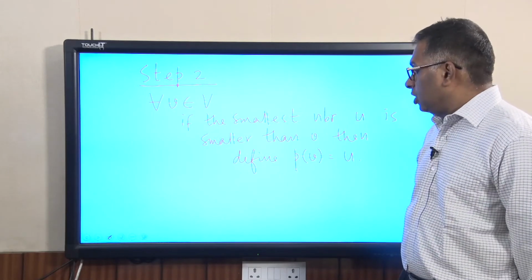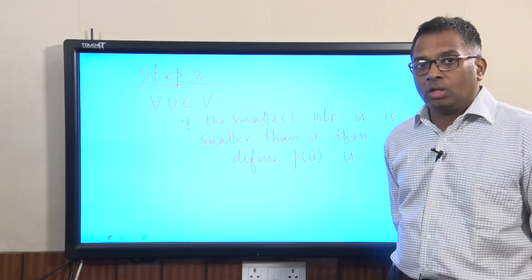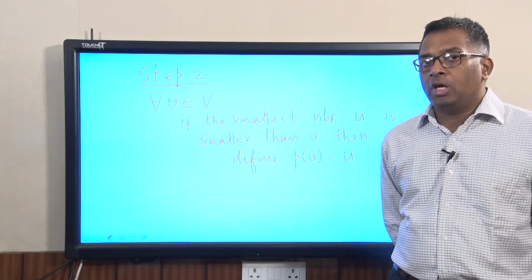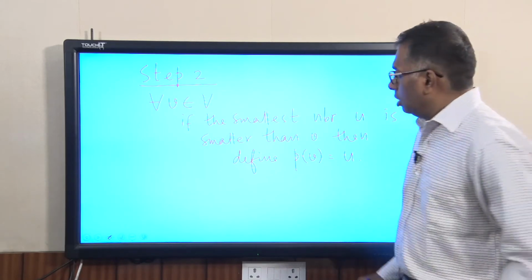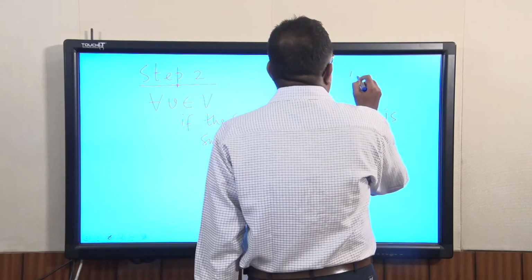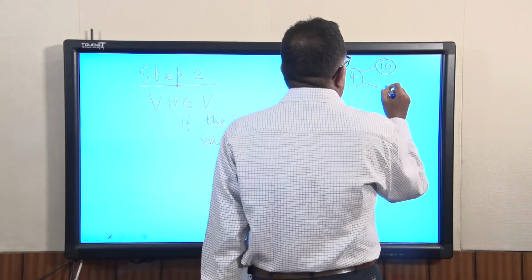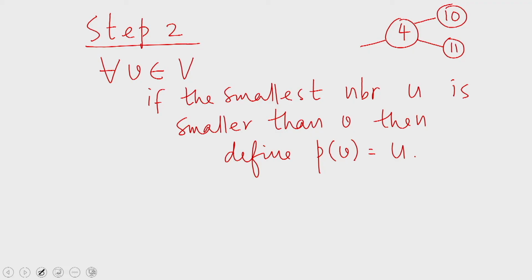If the smallest neighbor is not smaller than v, then that means v is a local minimum. That is, v doesn't have any smaller vertex. For example, if v happens to be 4 and is surrounded by, let us say, 10, 11, 12 and 13, then the smallest neighbor is 10, which is larger than 4.